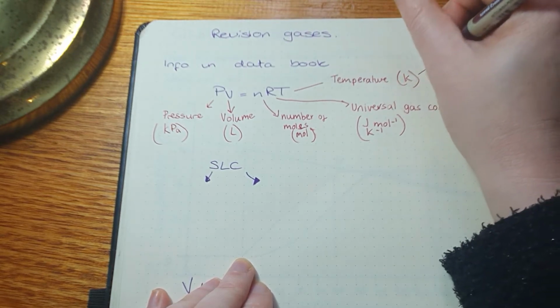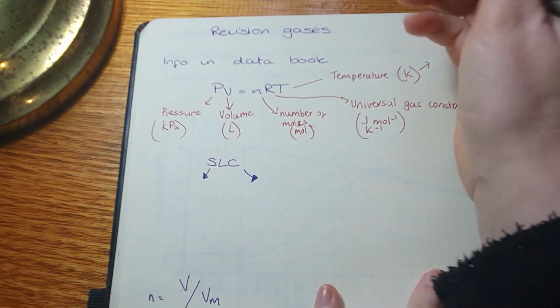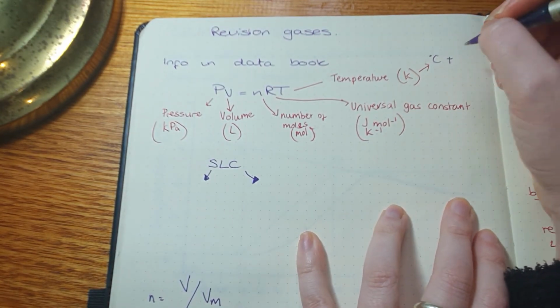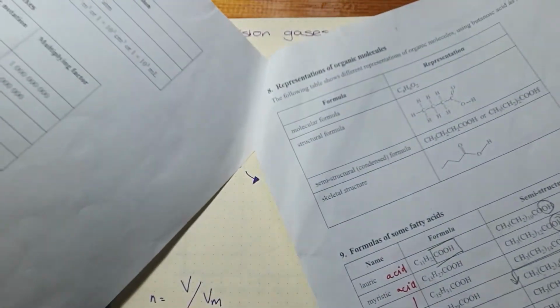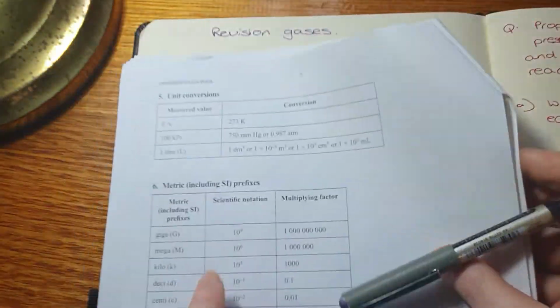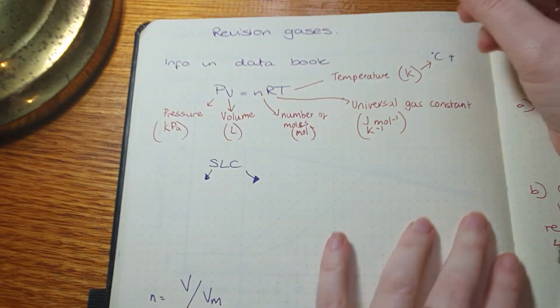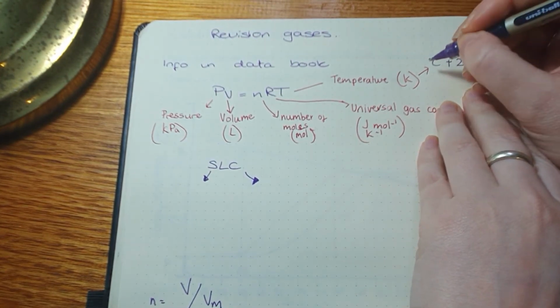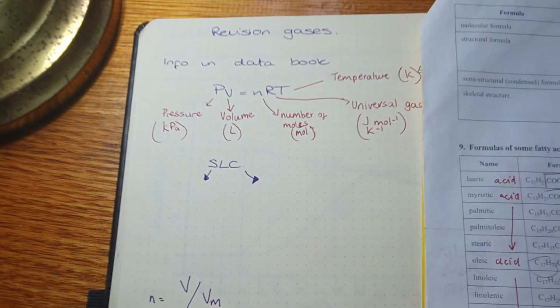If we're given degrees centigrade, you need to add 273. It's one of those things I think most people are going to remember: 273. So that's how you convert from one to the other.